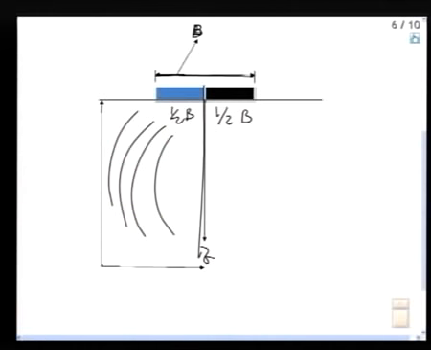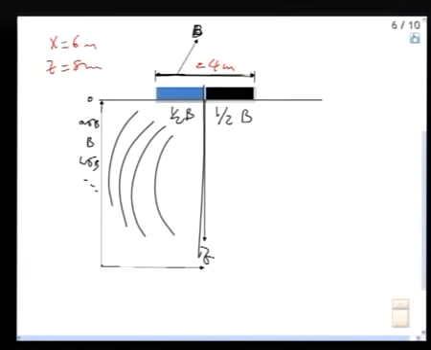I will find here 0, for example, 0.5 B, 1.5 B, etc. So everything is in relation to B. For example, if I have B equals 4 meters, and I tell you to find the stress at X equals 6 meters, Z equals 8 meters, what do I have to do? Look what I have to do.